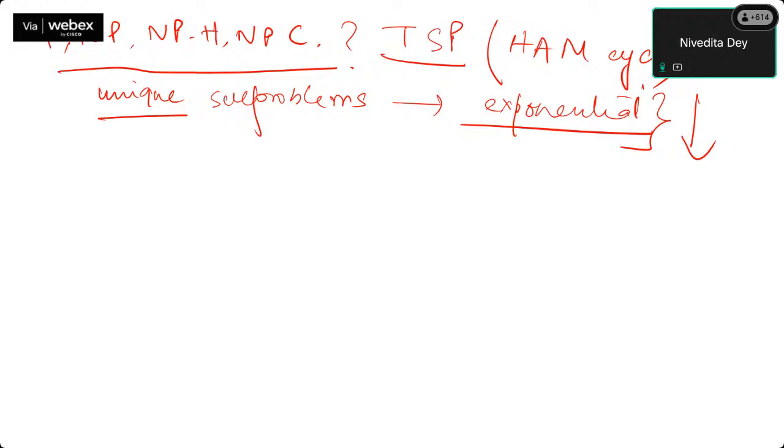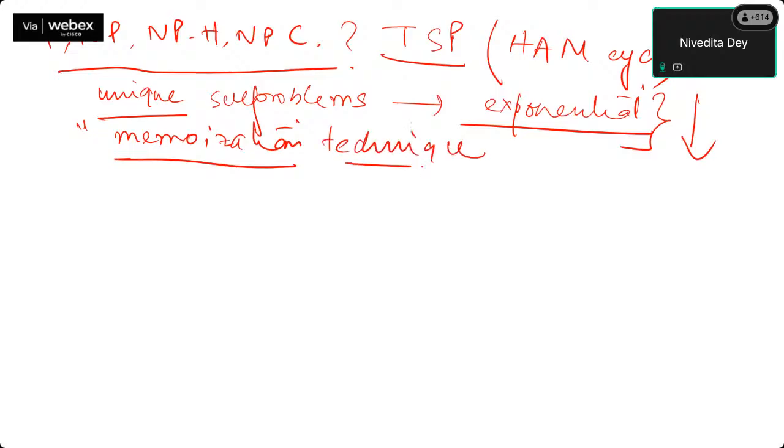If it is repetitive, then for that repetition we might be using a memoization technique. What do I mean by that?